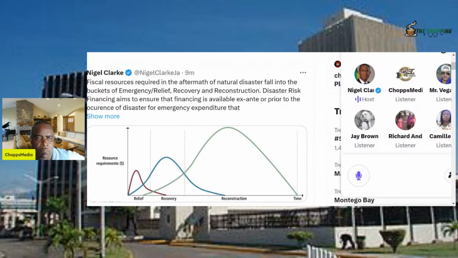So it's not based on actual loss, like an indemnity insurance, where you go with your notepad and make a note of all the losses and then you tally them up, and based on those losses, a payment is made. That's indemnity type insurance. What we have with CCRIF is parametric insurance, where it's model based. And so in the aftermath of the storm, their proprietary models determine whether a payout has indeed been triggered.